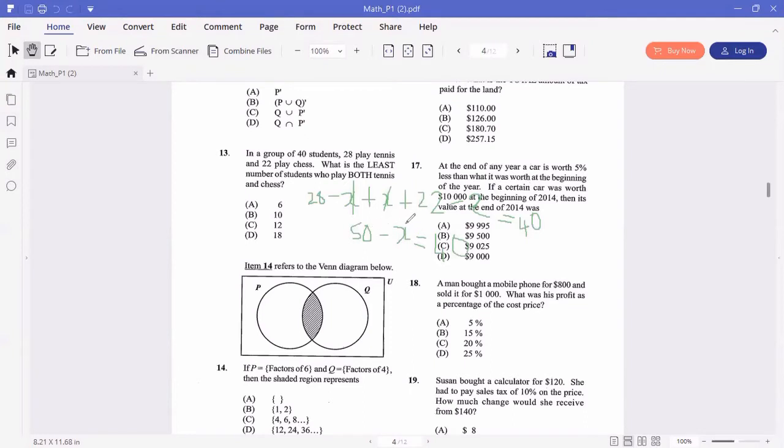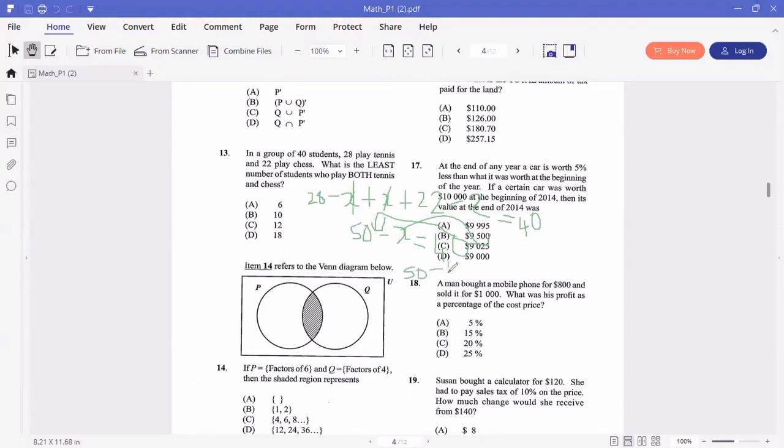Now, our aim is to get X, or get the value of X. So we need X in its positive state. Now, to bring X to its positive state, we need to bring X on this side and bring 40 on this side. Now, X on the right hand side becomes positive and 40 on the left hand side becomes negative.